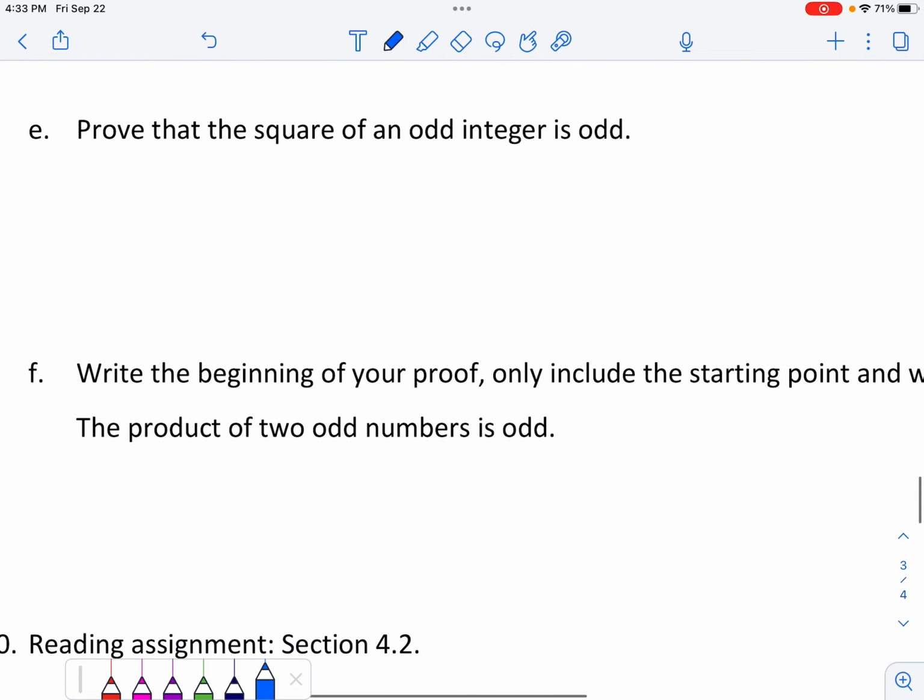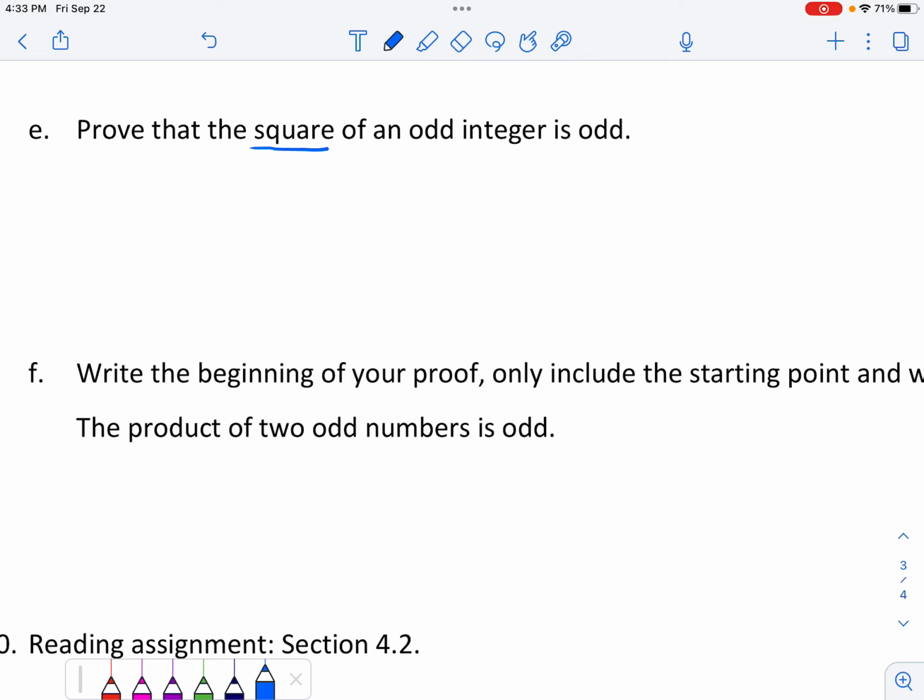Prove that the square of an odd integer is odd. So again, my first step will be trying to rewrite this into a conditional statement, right? The square of something is odd, that will be my conclusion. And what is my assumption? This odd integer is my assumption.